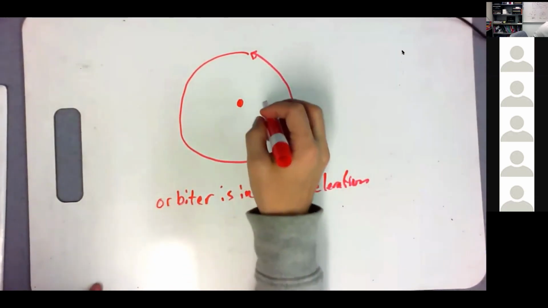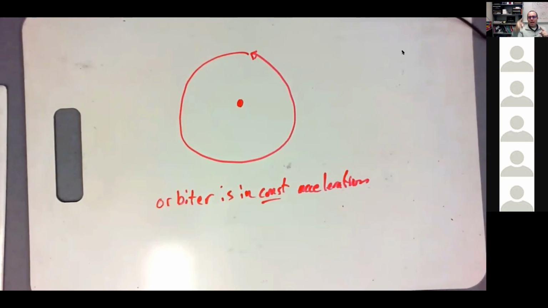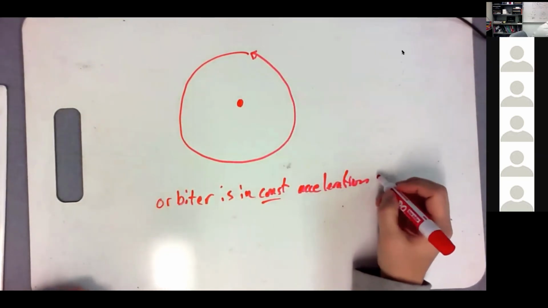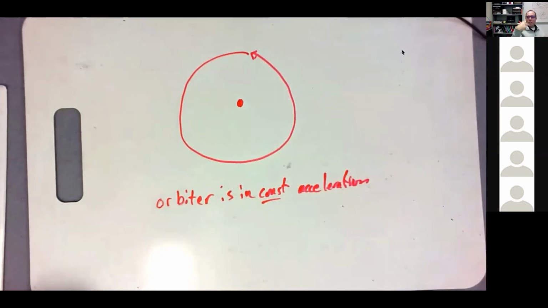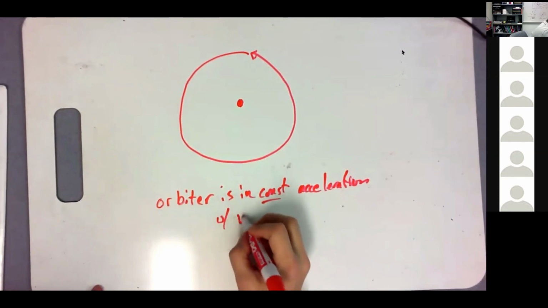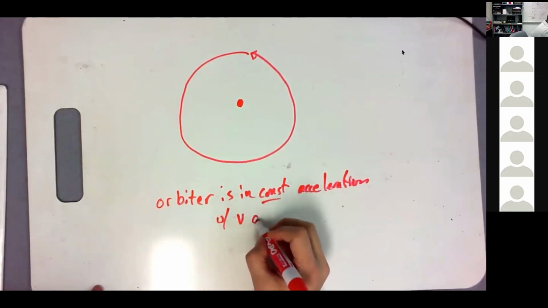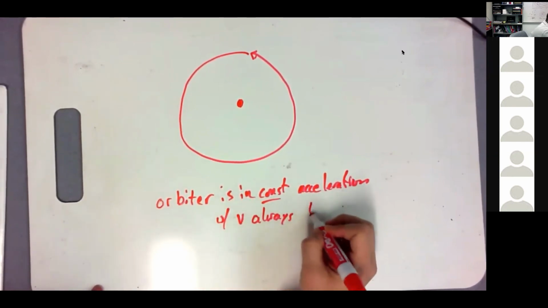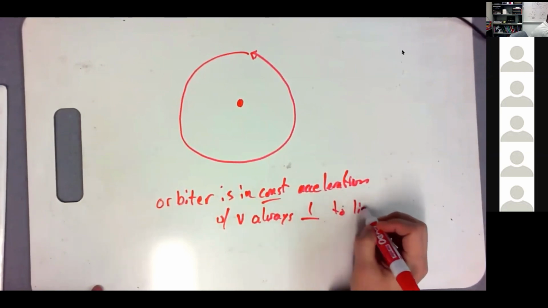But interestingly, that acceleration and that velocity are always perpendicular. The acceleration is always parallel to the line of sight, and the velocity is always perpendicular to the line of sight.